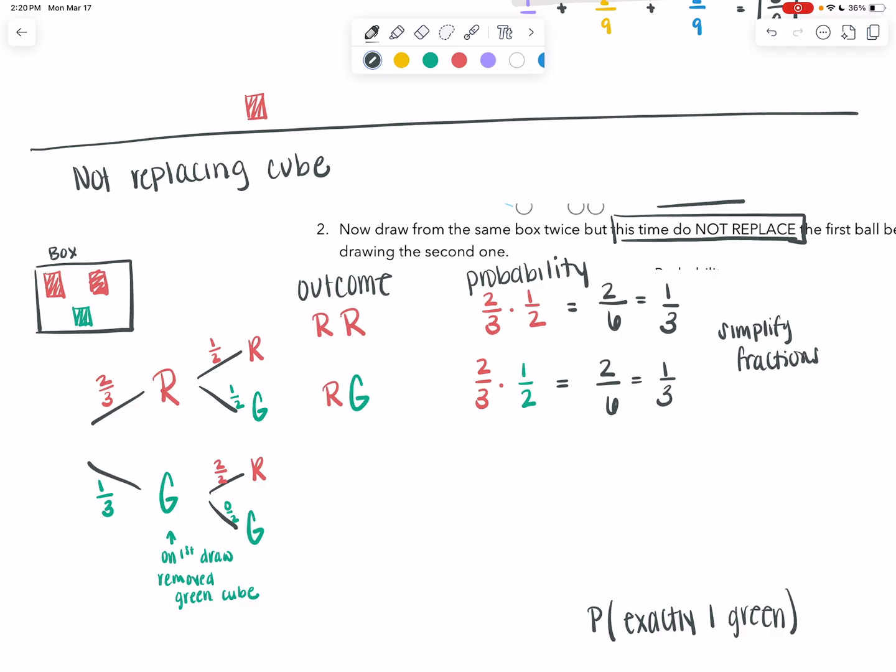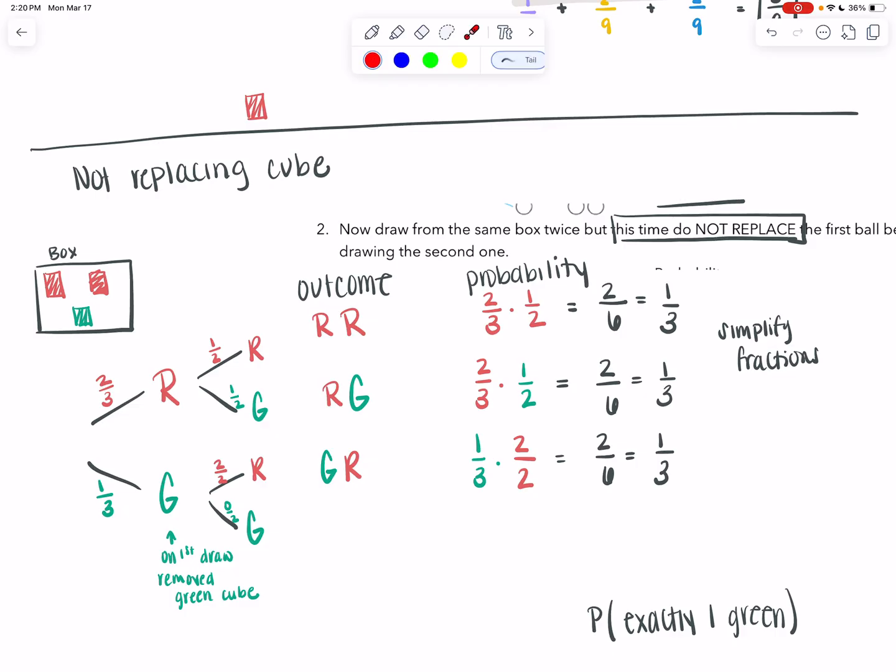All right, so for the next line of the tree, green, then red, I'm going to multiply those probabilities. So green is 1/3, red is 2/2. So I've got green, then red. Green is 1/3 times red, 2/2. Okay, multiply straight across the top, 2/6, or again, 1/3.